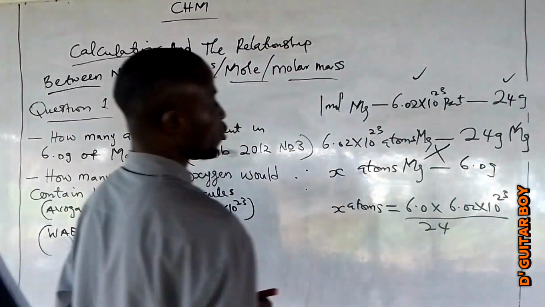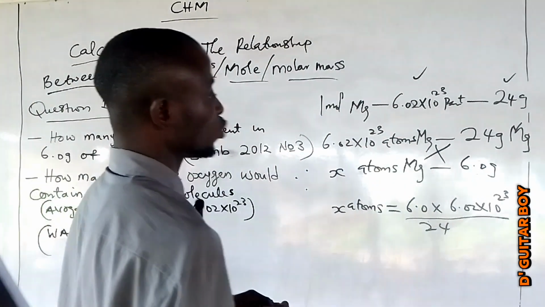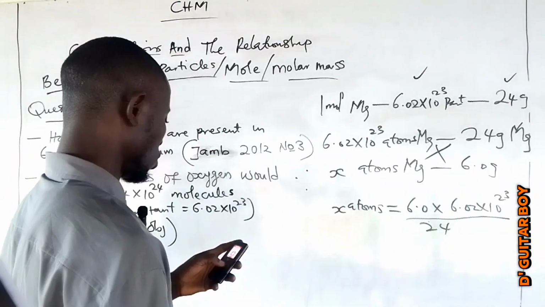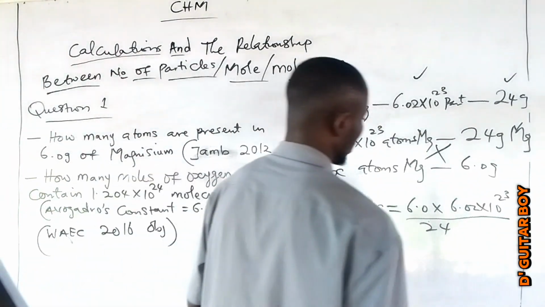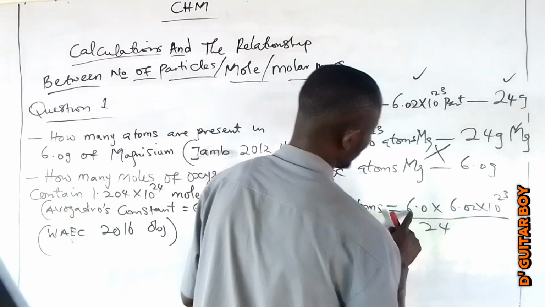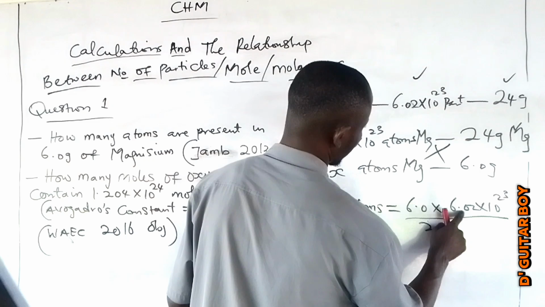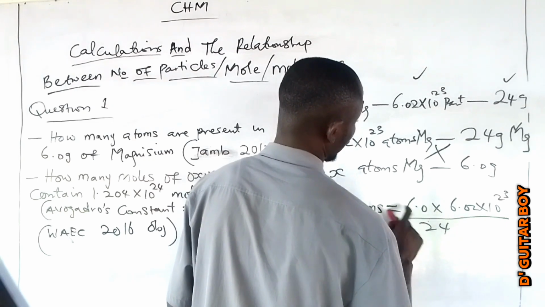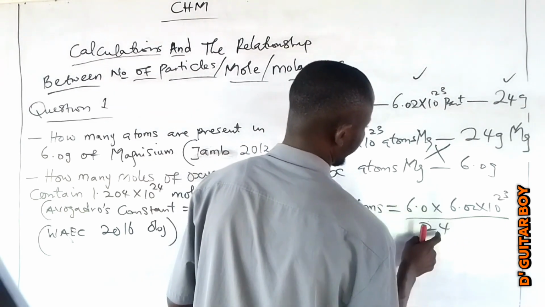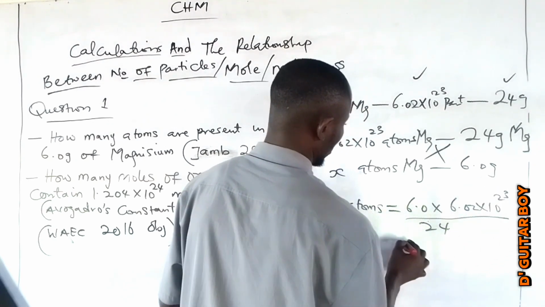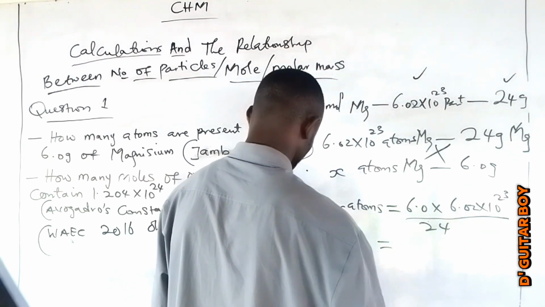Just times this by this, divide by 24. Leave 10 raised to power 23 first.